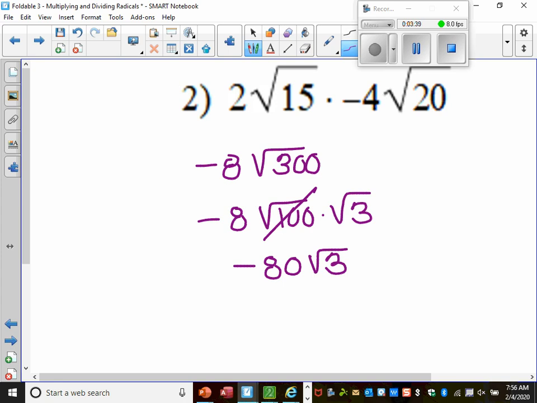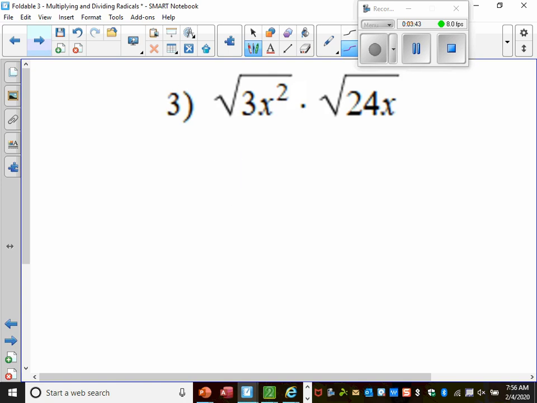All right, let's look at question number 3. Okay, this one just happens to have some variables in it as well. So we're going to do 3 times 24, which is 72. We're going to add our exponents. We get x to the third. And then we can break down the 72. The largest perfect square in 72 is 36 times 2.